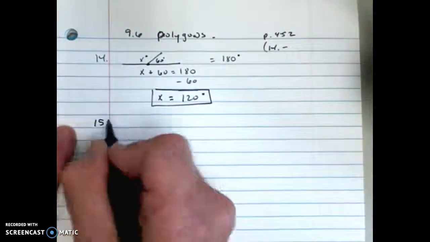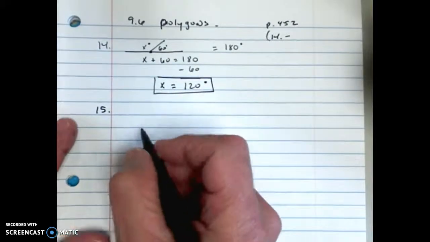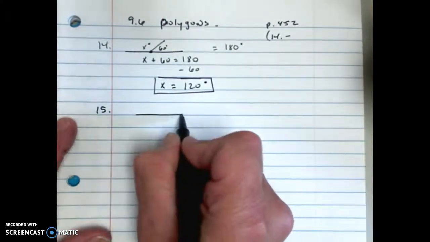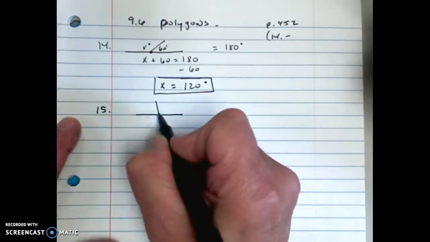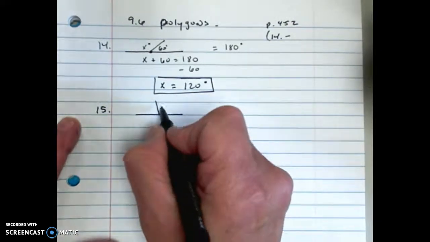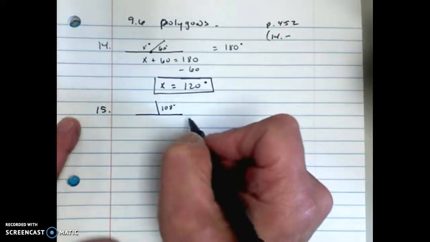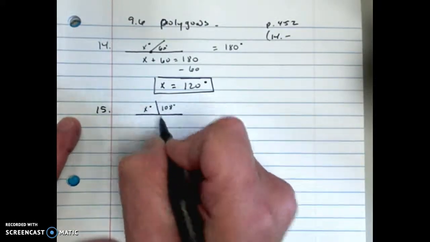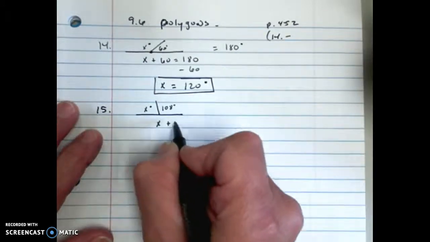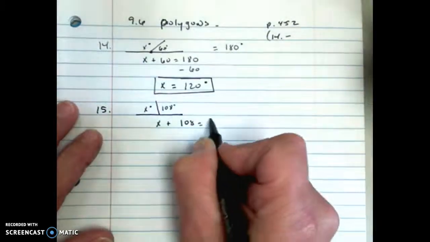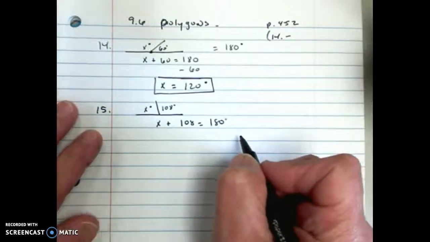Going on to number 15, doing the same thing. Again we want supplementary angles, and we have this angle of 108 degrees, and we want to find the measurement of angle x. So x plus 108 is equal to 180 degrees, because supplementary angles add to 180 degrees.